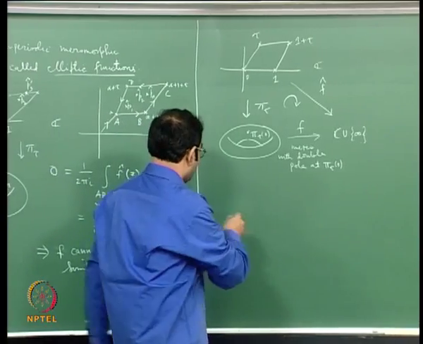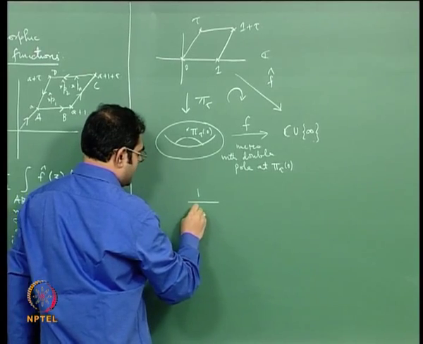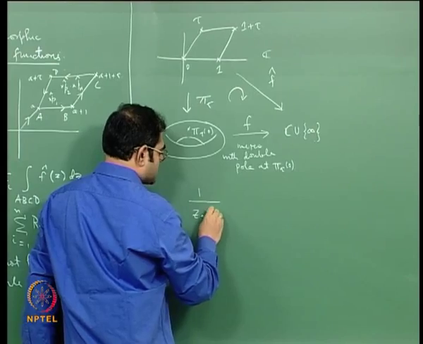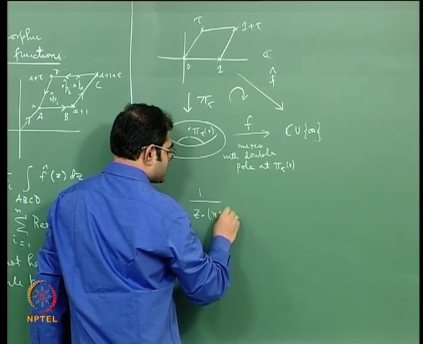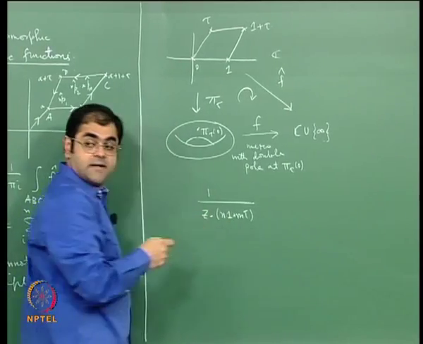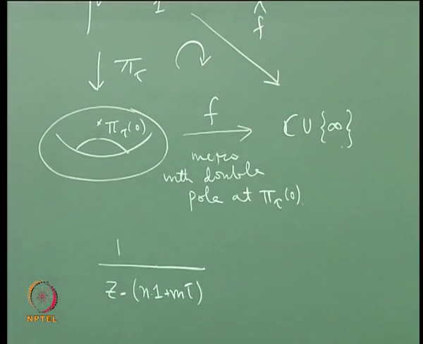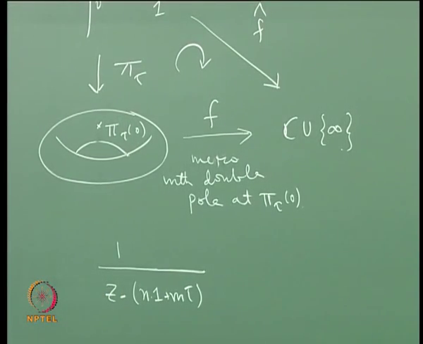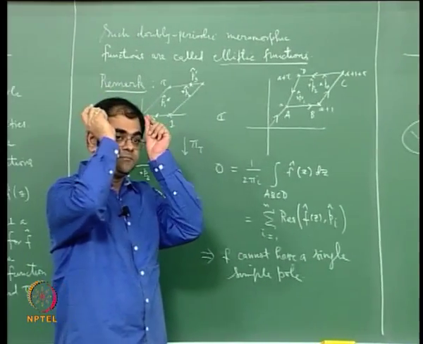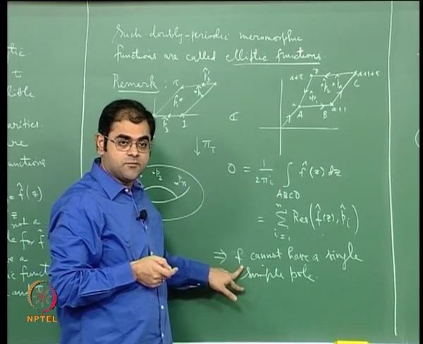Try to guess. If I take a point of the lattice, it looks like n times 1 plus m times tau. If I write 1 by z minus n times 1 plus m times tau, this will give me a pole of order 1 at n times 1 plus m times tau. But I want a pole of order 2, I cannot have a simple pole at one point, I need to have a double pole from what I said here.